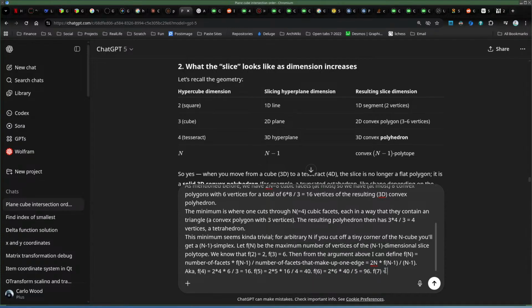F7 is 2 times 7 times 96 divided by 6 is 224.